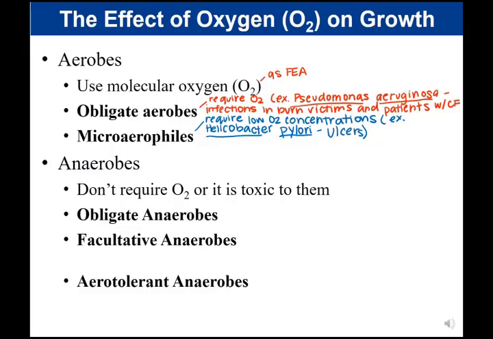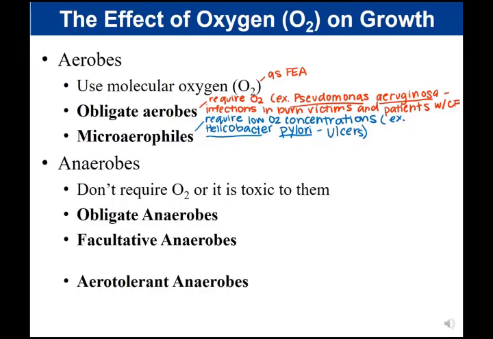Other examples of organisms that are microaerophiles would be organisms that live in soil, in water, or in mammalian hosts in places that are not directly exposed to the atmosphere. So another example of a bacteria that would be a microaerophile would be something like Neisseria gonorrhoeae. Neisseria gonorrhoeae, remember, is the cause of gonorrhea.